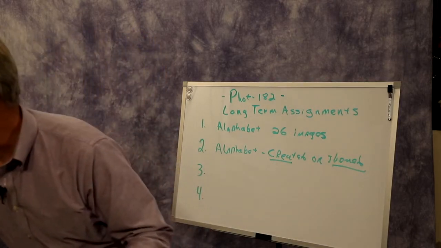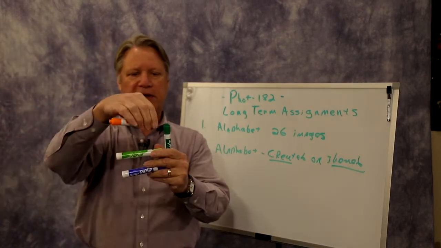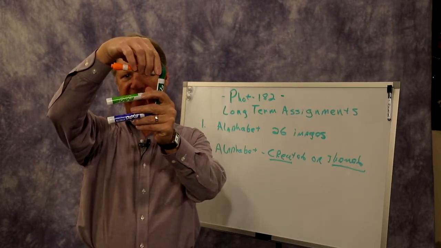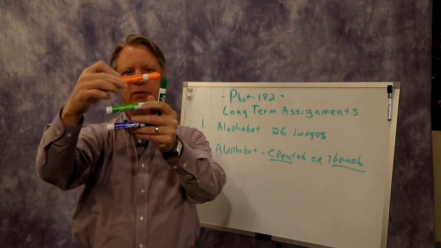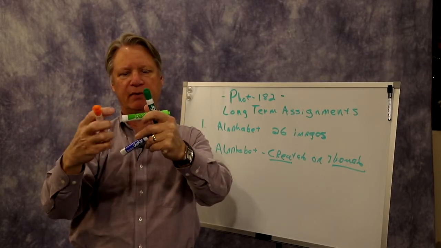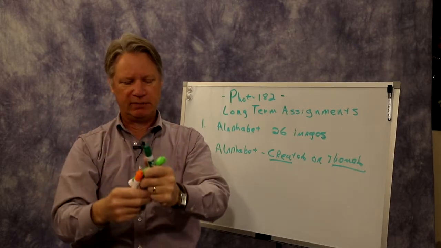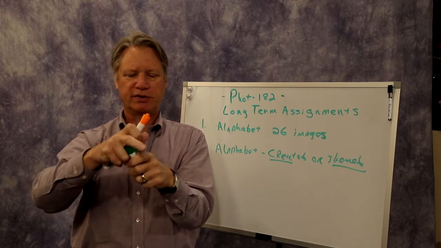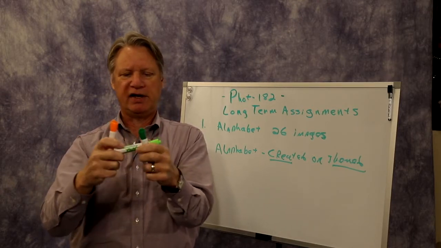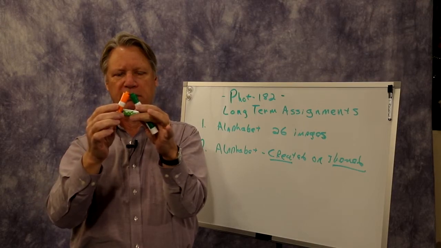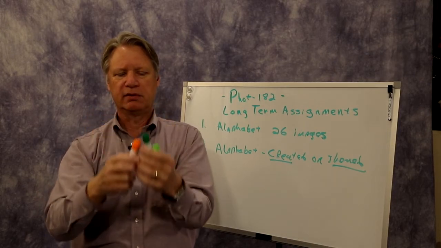You could take a bunch of markers and lay them out on a tabletop, right? And you have the letter E. Whichever way you wanted to do that, so they look nice. If you did it this way with some markers, right, you'd have the letter A. So that would be created, right, that you made this.